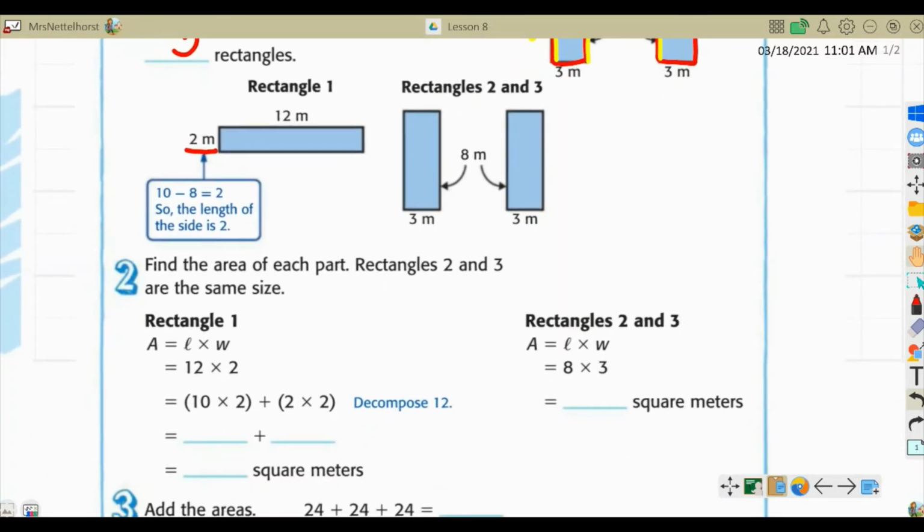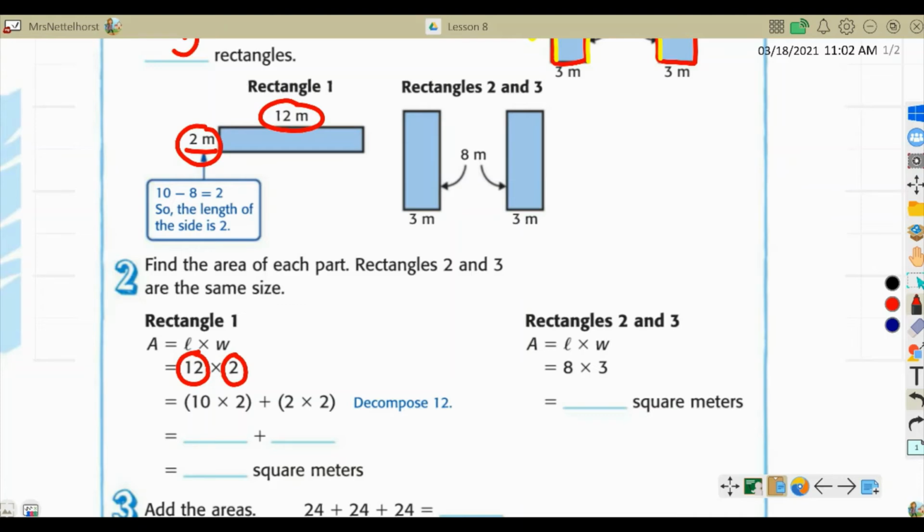Okay, so rectangle 1, area equals length times width. So our length on rectangle 1 is 12. So we have 12 right here. The width, the short side, is 2. So we have 2 right here. Now, because 12 is bigger than 10, we're going to decompose it into friendly numbers and use distributive property.